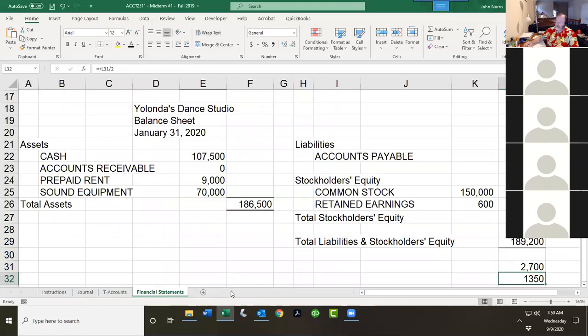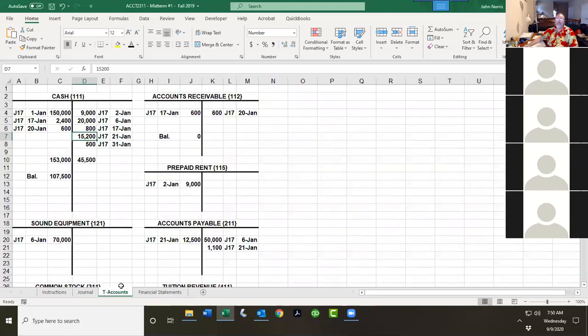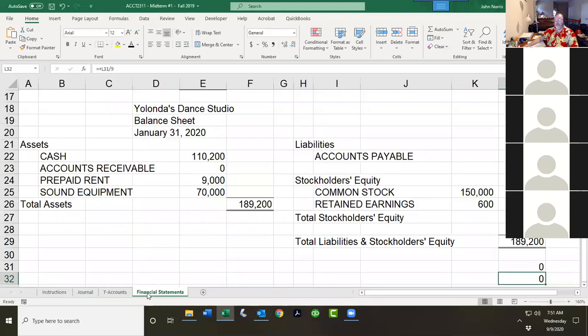See whether or not it is equally divisible by 9. And sure enough, it divides by 9 by $300. What that is, is a transposition error. And you'll see here in cash that $12,500 transaction was erroneously recorded as $15,200. Correct that. And once again, the balance sheet balances.